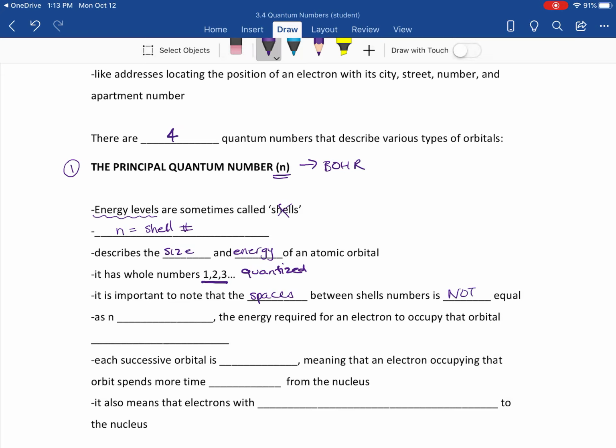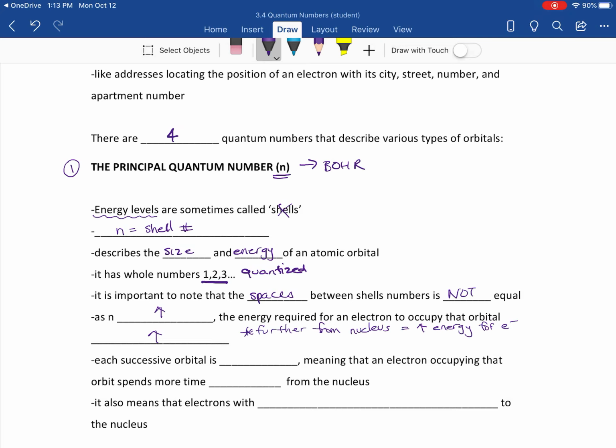So as n increases, the energy required for an electron to occupy that orbital increases, which means the further away from the nucleus equals more energy for the electron.